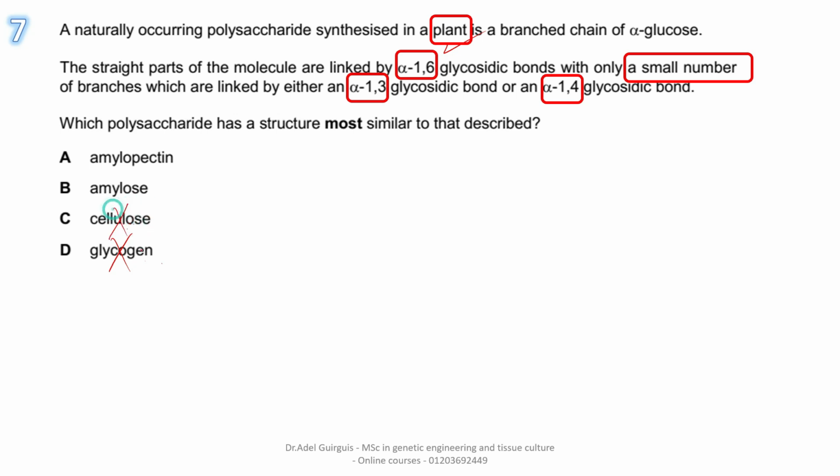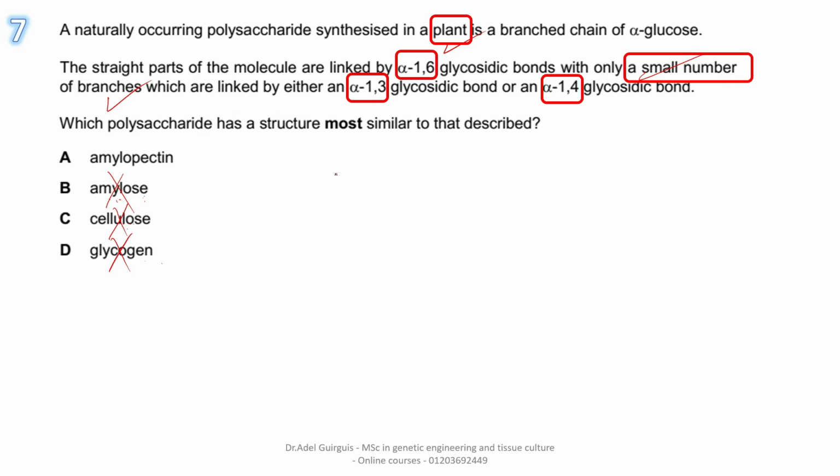So cellulose is not included. What about amylose? Amylose is a polysaccharide formed inside plants, but it is unbranched. Here he mentioned a small number of branches, so amylose is wrong also. So the remaining answer is amylopectin.